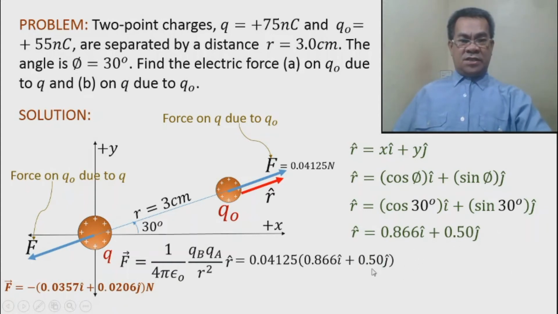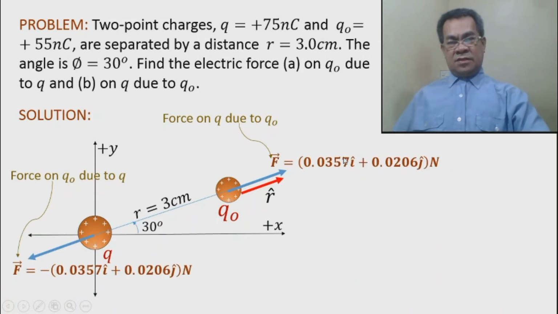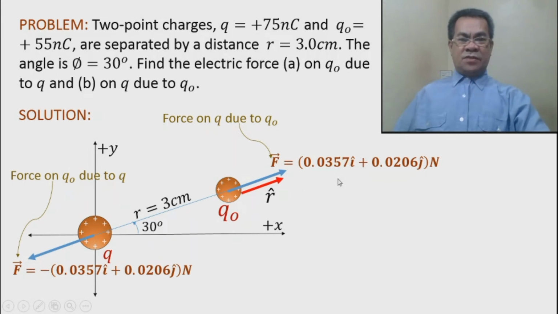So multiply this to the magnitude, which is this one, then distribute, and this is our force. So this is positive. Take note, they have the same magnitude but in opposite direction. This is negative and this is positive. So the same magnitude but in opposite direction. So these are the answers to the problem.